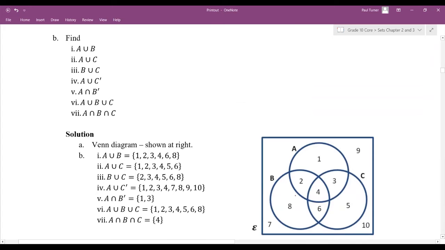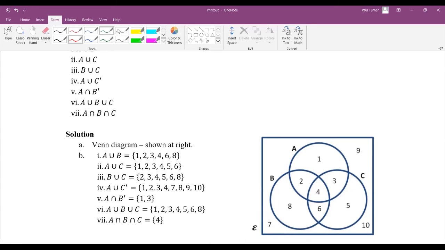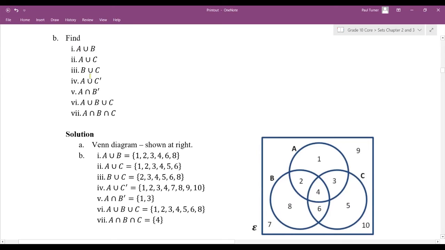Okay, so that's one thing you need to be careful of. So you got the question, make your 3 circles, and then put the numbers into the circles. So the first thing we want to do is union. So every question is about union, except that last one there. There's an intersection there too.